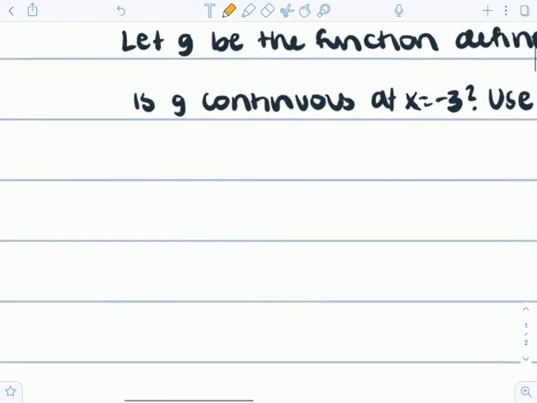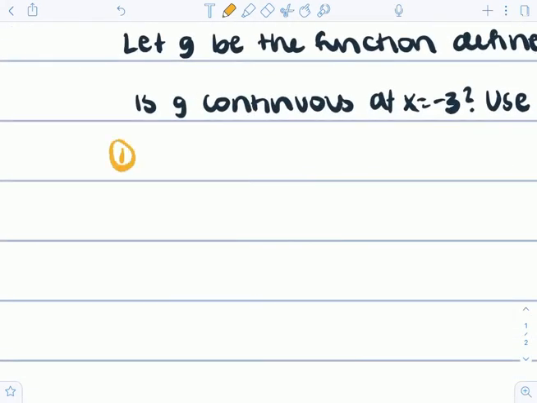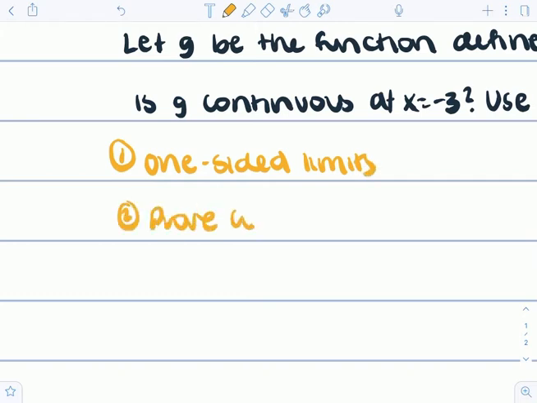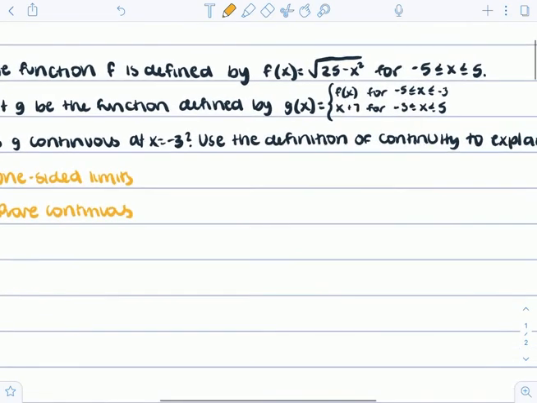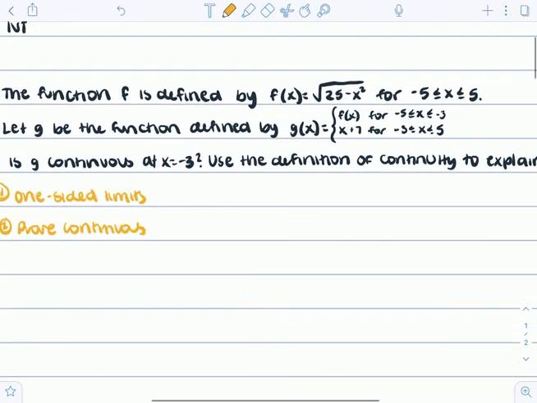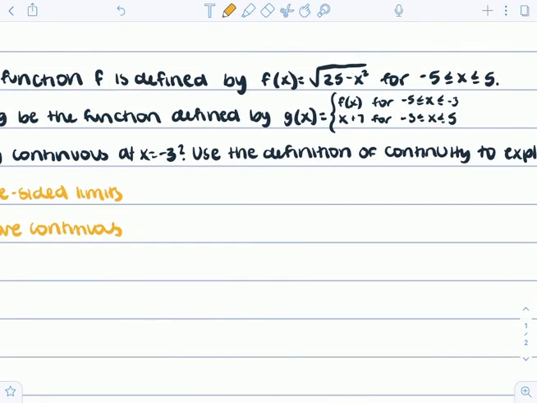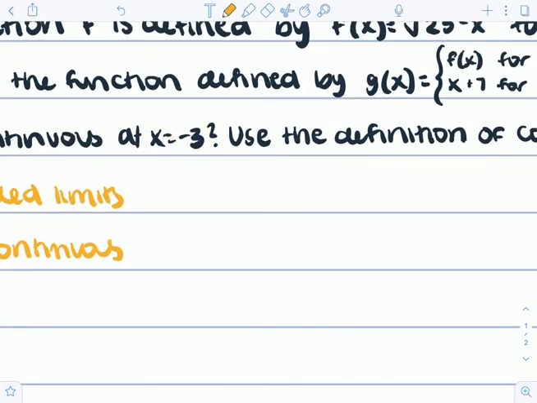What we first want to do is make sure that the one-sided limits are the same, and then the second thing is to prove that it's continuous. So in this case, we are looking at x equals -3.